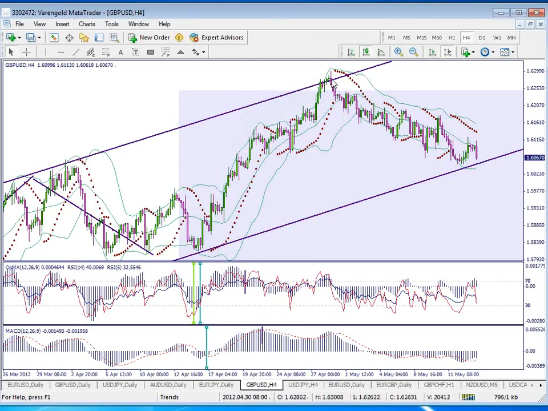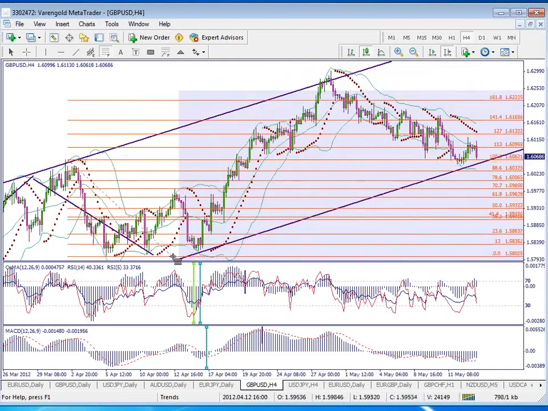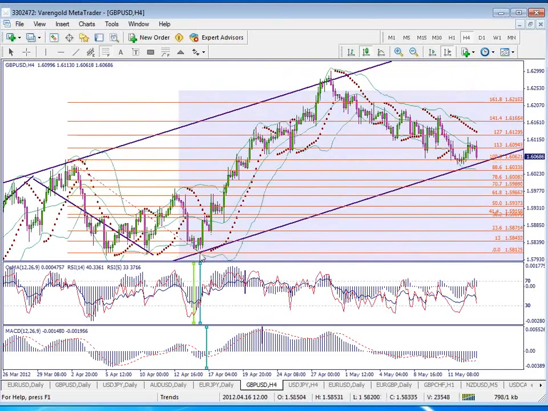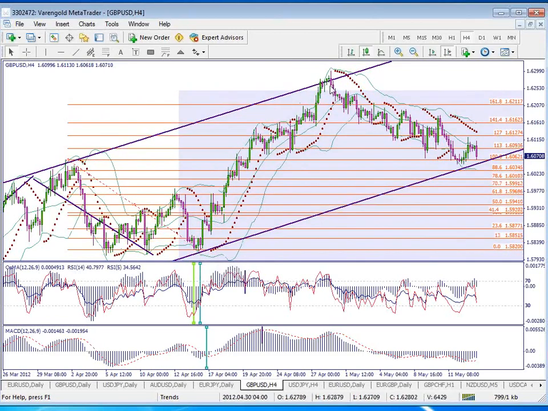To help me find one level, I will put Fibonacci on this last wave, in the direction of the wave. And my target will be somewhere minimum 100 from this wave, because this is the third wave. So my first target will be somewhere in this area.